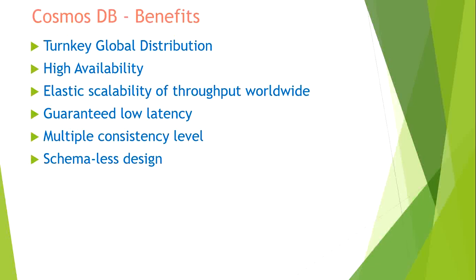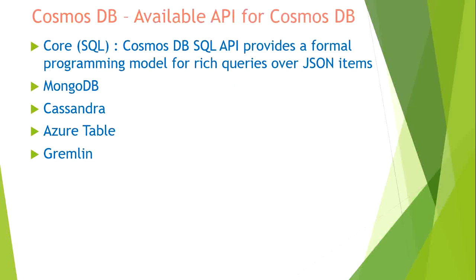So it is schema on read basically. So as I said, this is the multi-model database. These are the different types of databases currently being supported, and they are being called the available APIs for the Cosmos DB.